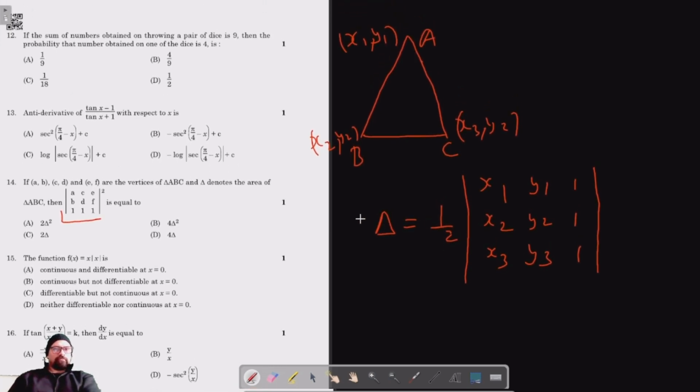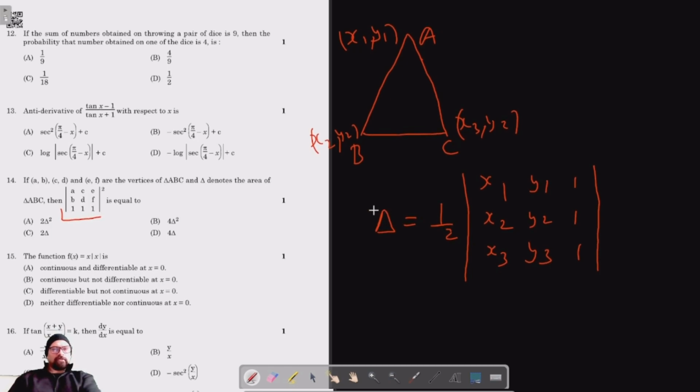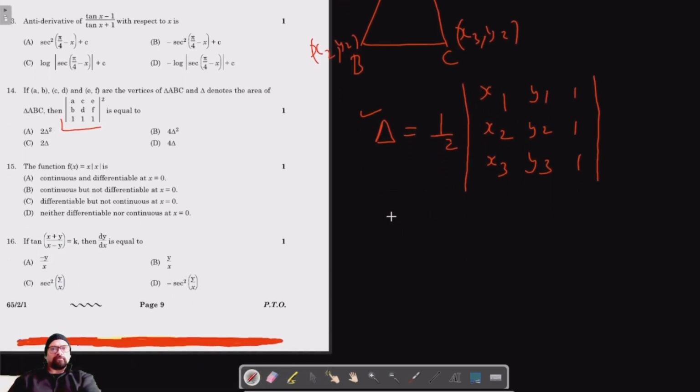So this is how the area of the triangle is given by half of the determinant of the vertices. So let's replace these values.